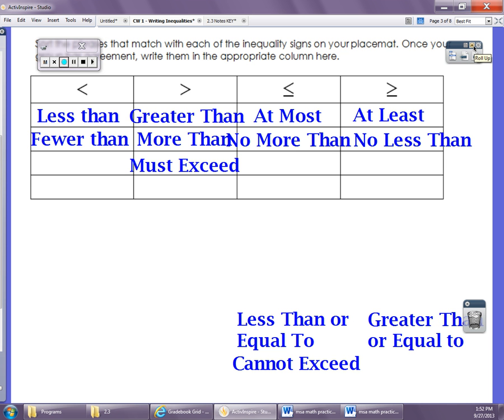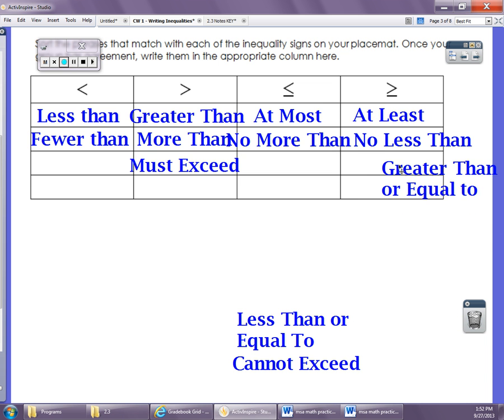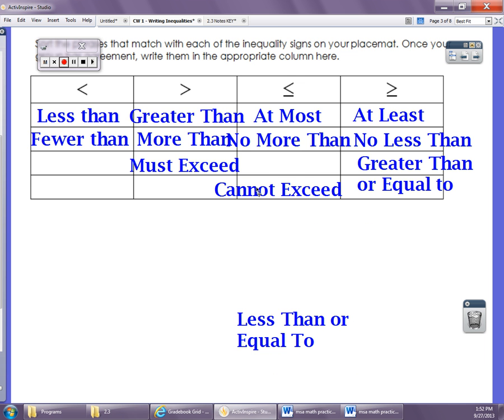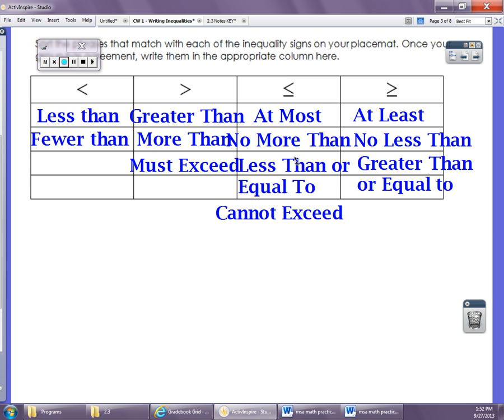We also have greater than or equal to. And actually I forgot for this one here, this is cannot exceed. So it cannot exceed this. And this is less than or equal to. If you see less than or equal to, since it has that equal sign underneath the inequality, that's less than or equal to there.